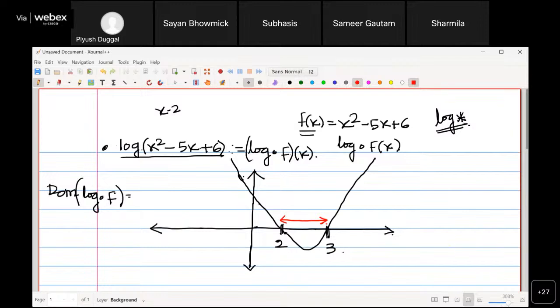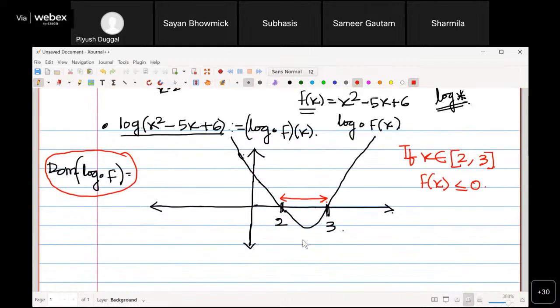If my x is in between 2 to 3, then f of x, that parabola, is less than or equal to 0. That means this x can't be inside the domain of this function, right? So the domain is basically where this parabola is positive.